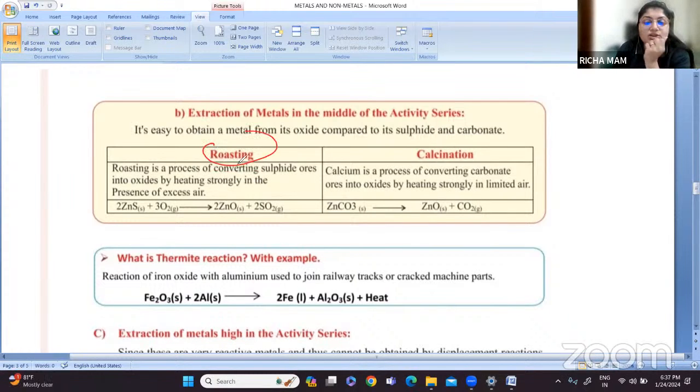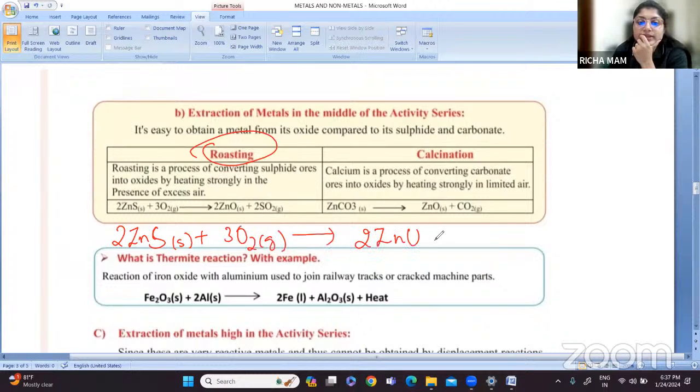This is called roasting. That is 2ZnS, zinc sulfide solid, plus oxygen gas, giving you 2ZnO solid plus 2SO2 gas. So this is the reaction wherein we convert the sulfide in the presence of excess of oxygen, and after heating it we get its oxide form. This process is called roasting.